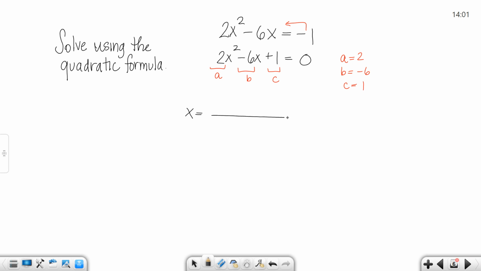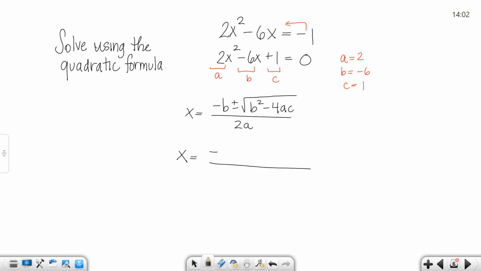Your quadratic formula looks like this. I'm going to put my A and my B and my C into this function. So here we go. B is a negative 6.